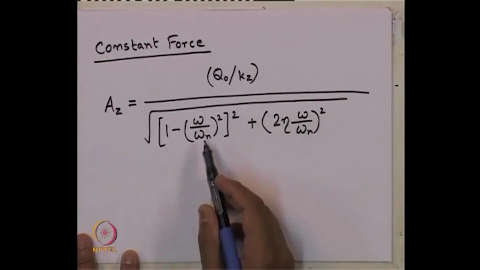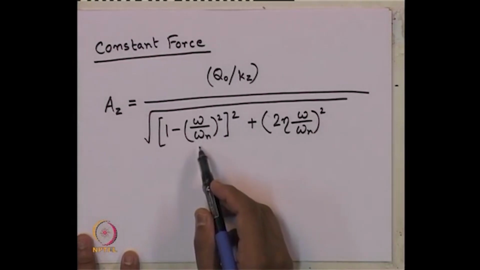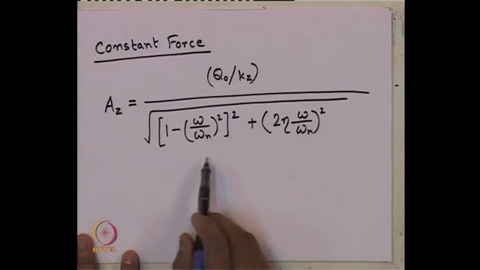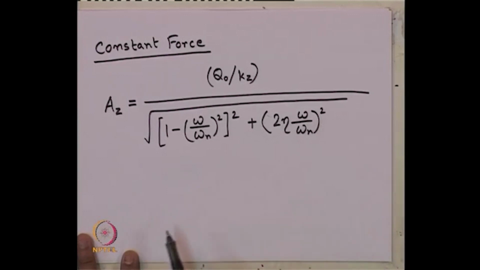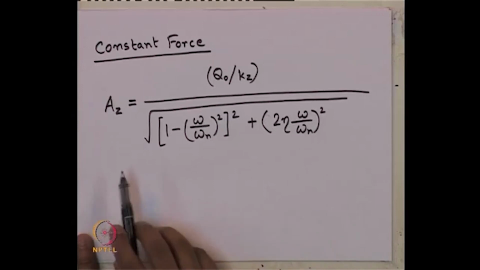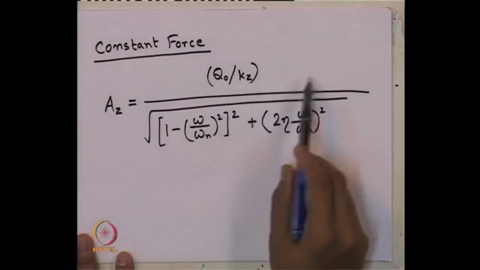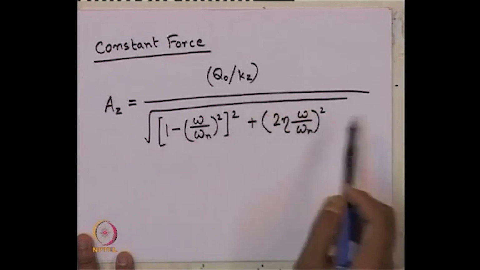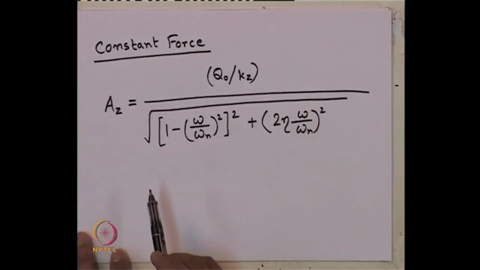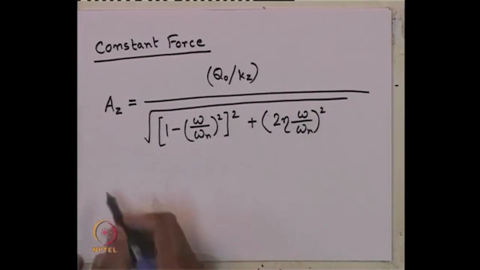This we had defined earlier as R, the frequency ratio. So, 1 minus R square whole square plus 2 eta R whole square. In our module 2 vibration theory, we had derived this expression. This is the maximum amplitude; otherwise there will be some harmonic function for how it varies. We are only concerned about the maximum value.